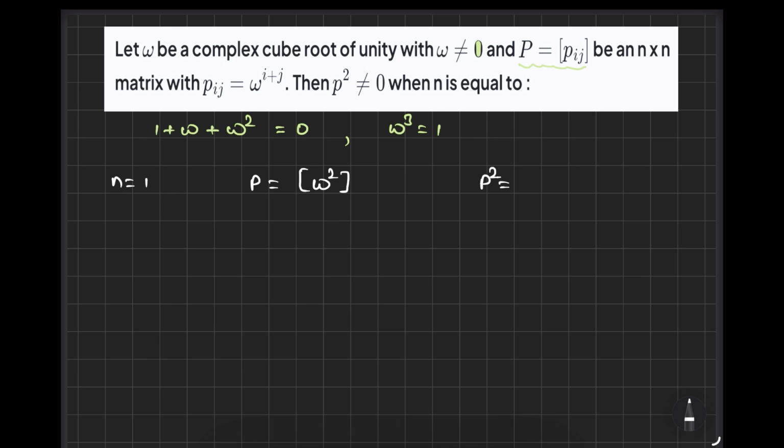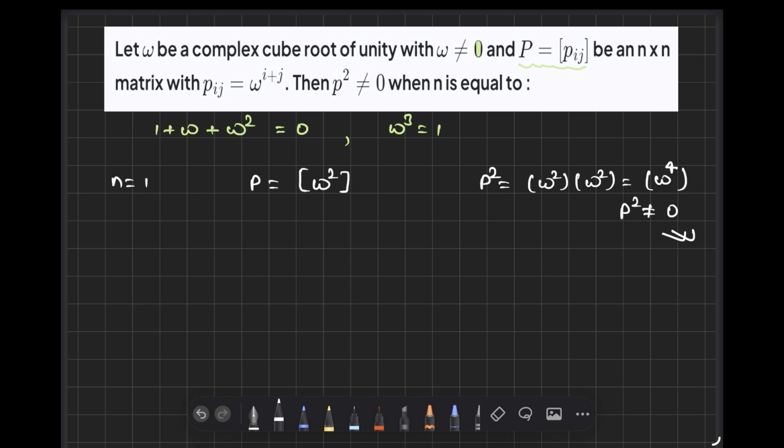P square is omega square into omega square, which is omega power 4, and P square is not equal to 0 here. So it's okay, which means n can be 1. We have a problem only if P square becomes 0. Right now P square is not 0, so it's okay.